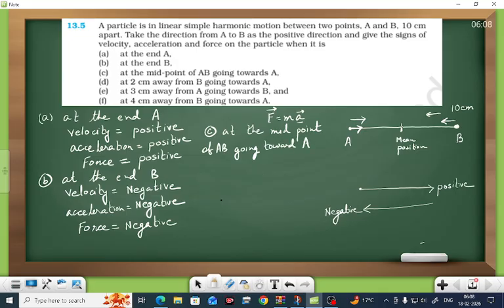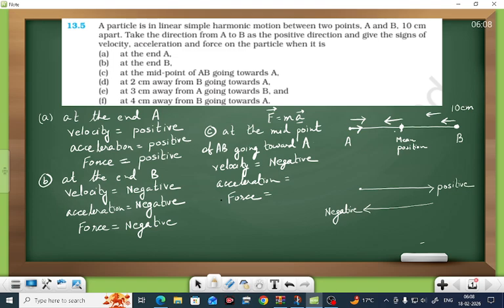Suppose the object is here and it is going towards A. Right? So if we want to find the direction of velocity, acceleration and force, here you see that the velocity is in this direction, right? So this direction is negative, so this is negative.